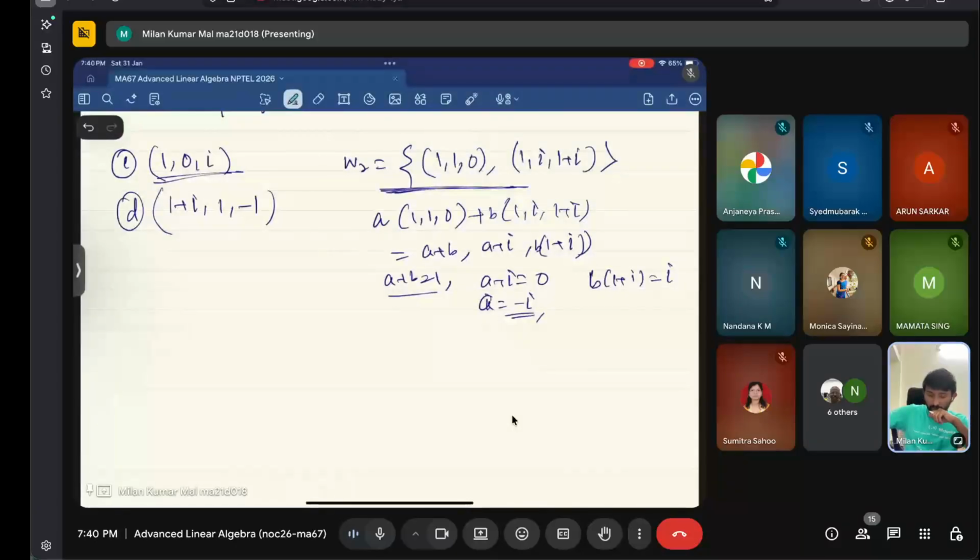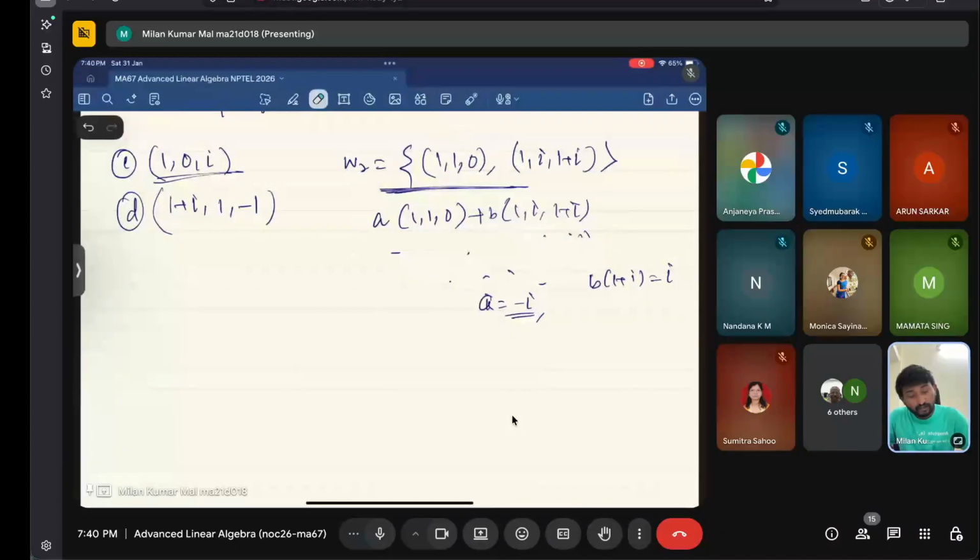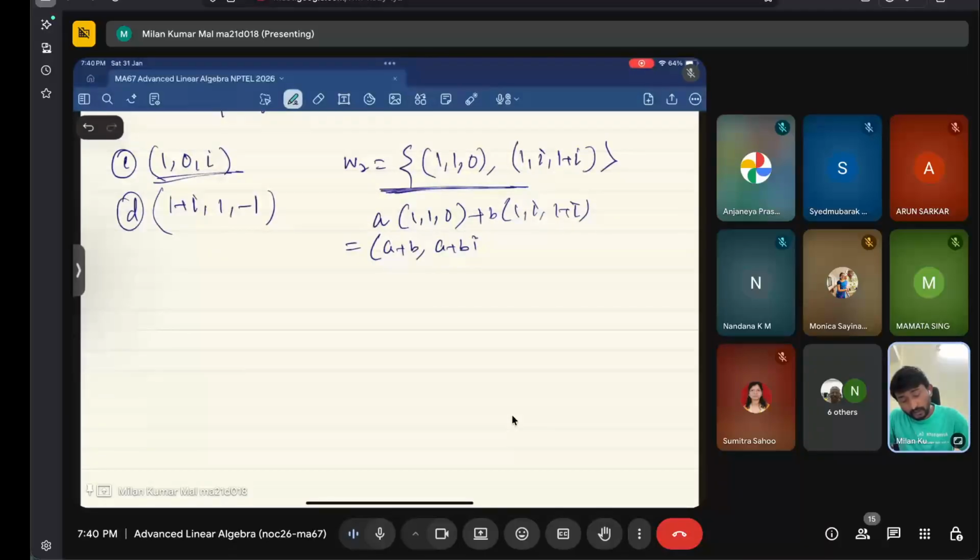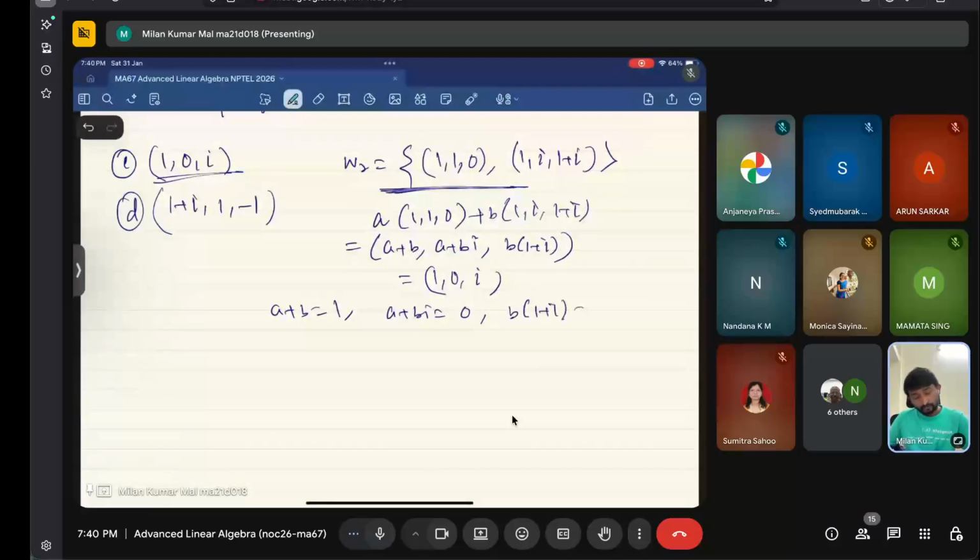A plus b is equal to 1, a plus bi, yes, this is the simple mistake I'm making. That's why there was too much confusion. So this is equal to a plus b, second entry a plus bi, third entry b into 1 plus i. This has to be equal to (1, 0, 1)... so a plus b is equal to 1, and b into 1 plus i is equal to i.